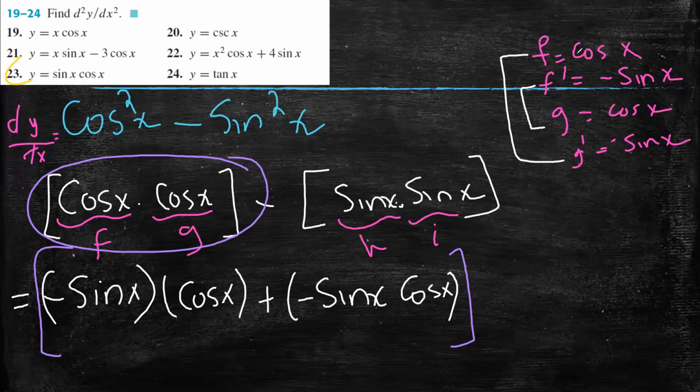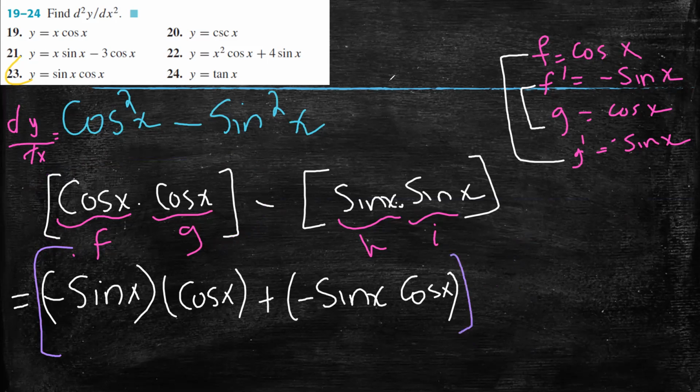Now let's go to the second term. From where do I bring it? Here I found dy over dx. Now I want to find the second derivative from here, from the purple circle.